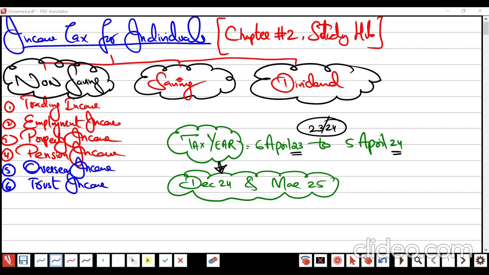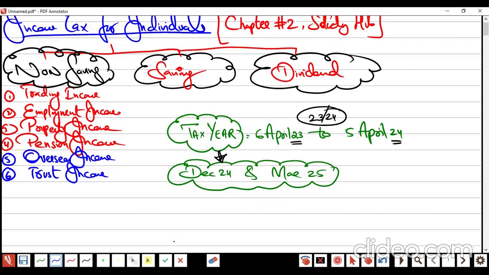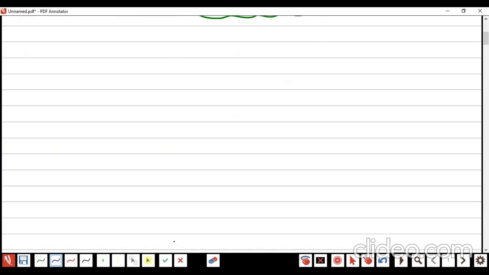Then we had a basic format which we learned earlier when we were doing TX. The format is supposed to be like this: non-savings, and then savings. Savings means interest, then dividend, and the total column.